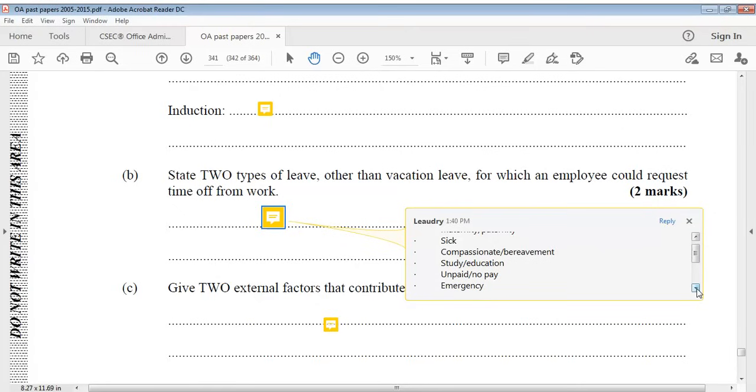We have study or education. We have unpaid or no pay. We have emergency leave. We have casual, departmental or special leave. So those are some types of leave that an employee could request time off from work. So we have a number of them. So you can select any two from these, and that would be your answer.